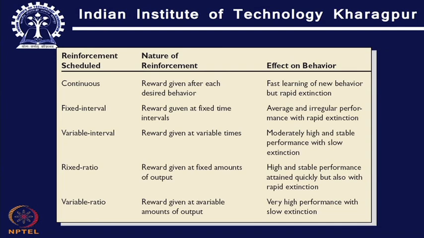High and stable performance attained quickly, but also with rapid extinction. Variable ratio is rewards given at variable amounts of output. Very high performance with slow extinction.